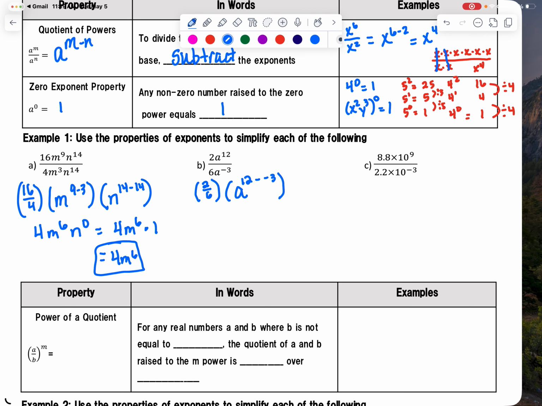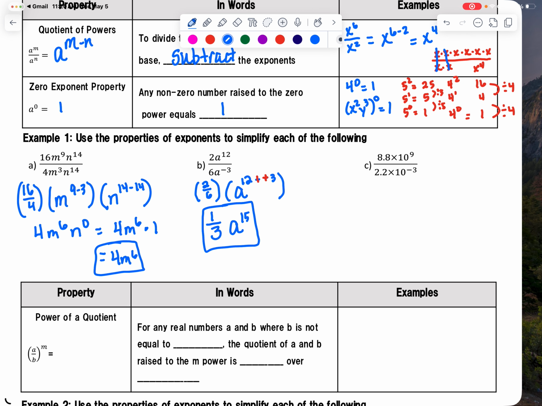So 2 over 6 would reduce to 1/3. And 12 minus negative 3, remember when we subtract a negative, that becomes the opposite plus the opposite. So 12 plus 3 would be 15. So this would be 1/3 a to the 15 power.